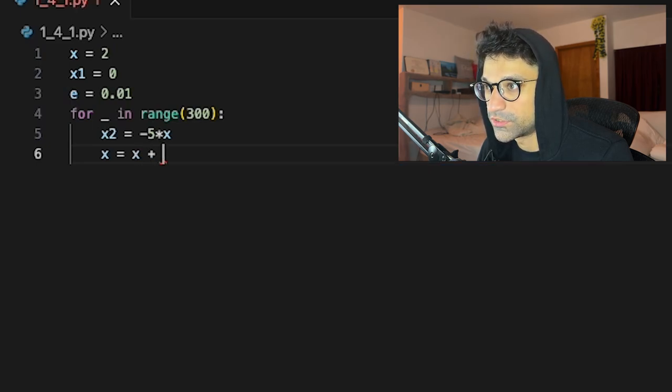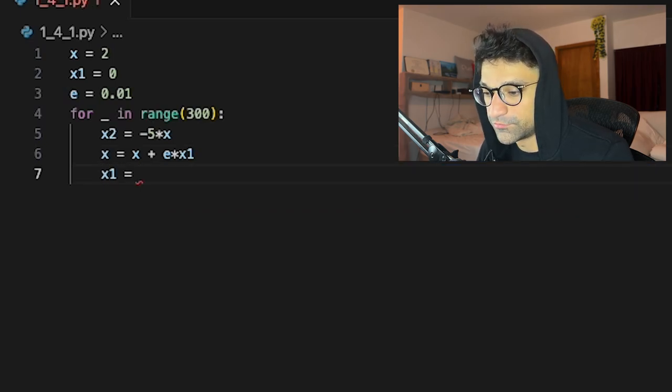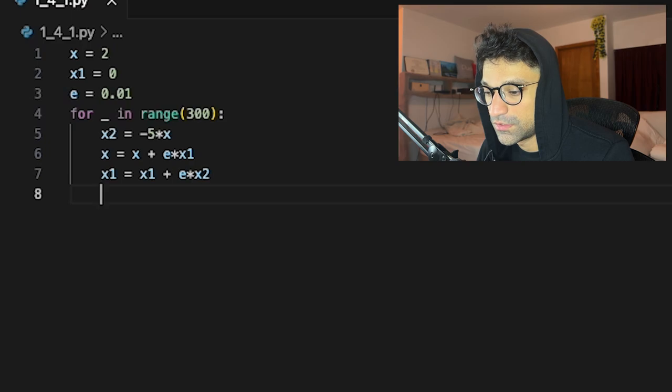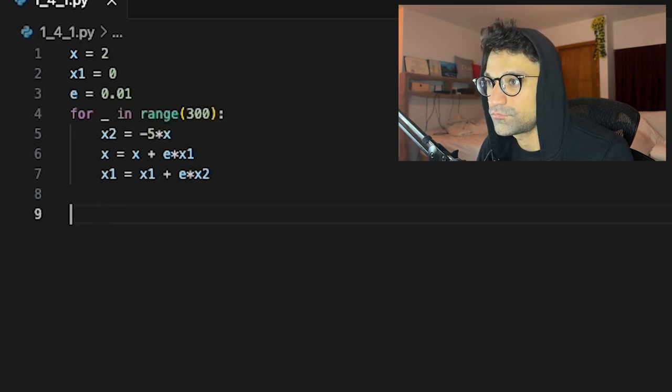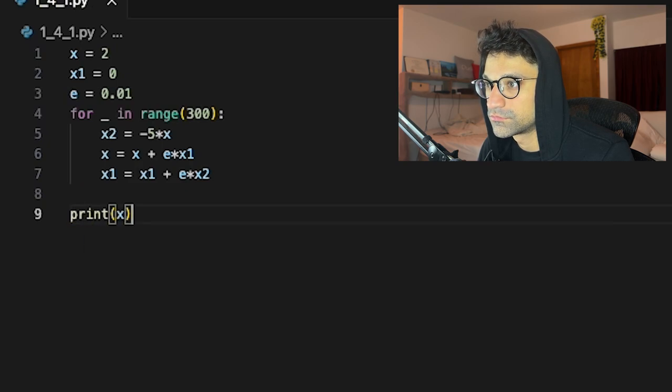So it'll be what it is now plus e times its first derivative, right? And then not only that, but the first derivative will equal what it is now plus e times the second derivative, right? And that's it. And we could maybe just show what x is, right? So let's see how that runs.